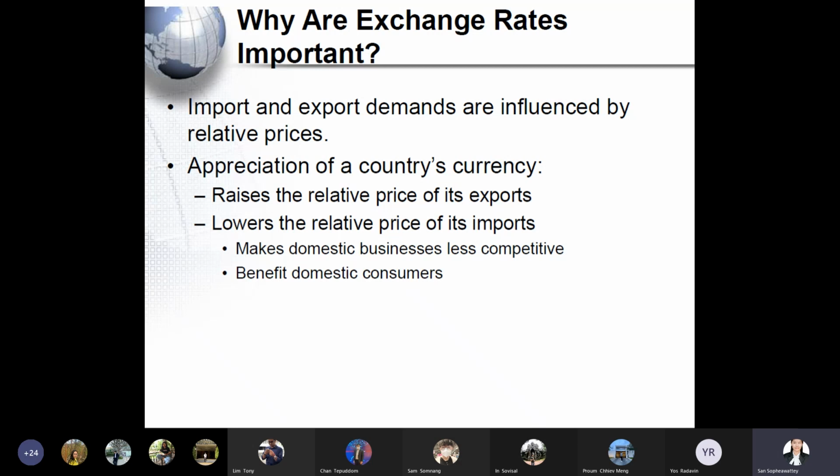So it makes business and production less competitive. And then it also provides a benefit as well. It benefits the domestic consumers because they can enjoy really cheap imports from other countries. So the exchange rate policy is really important for economic policy, whether you favor consumers or you favor the business of production.